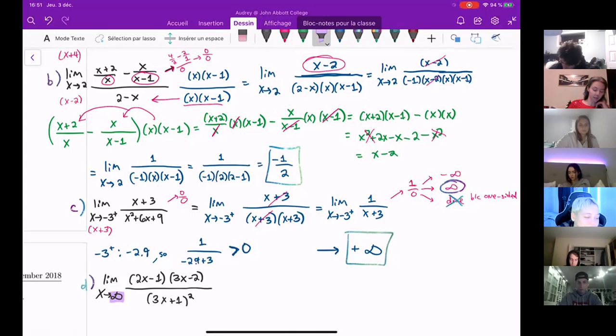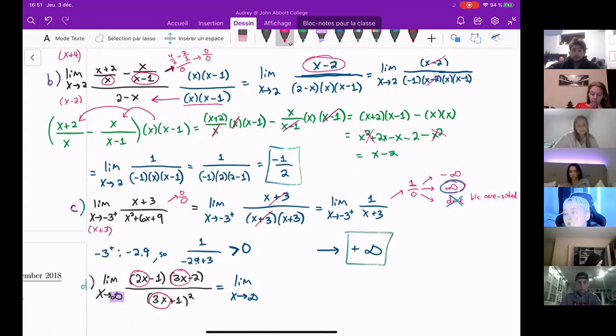And if I take the big stuff, well, what's the big stuff on top? 6x squared over 9x squared. You got it. So I'm having limit as x goes to infinity. We're taking the big stuff. I'm going to do that in 2 steps. I have 2x and I have the 3x. This 3x is being squared, which means the 3 is also being squared. So I have 2x, 3x over 3x squared.